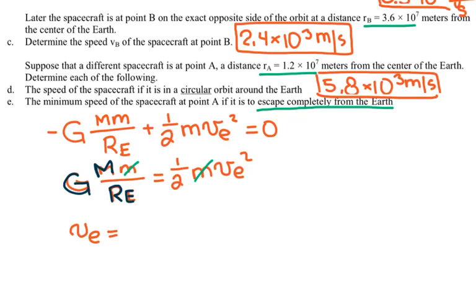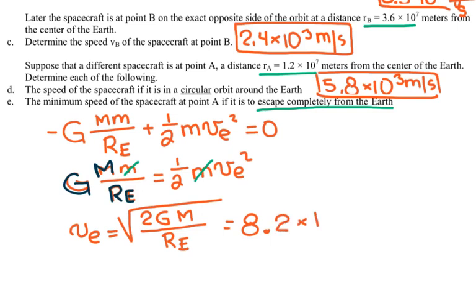So the escape velocity is the square root of 2GM over rE, and if I plug in my numbers, it looks like I'm going to get 8.2 times 10 to the 3rd meters per second.